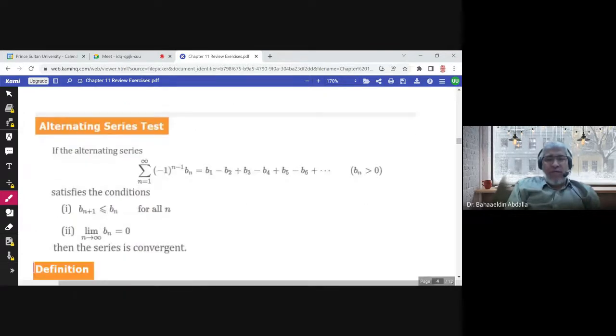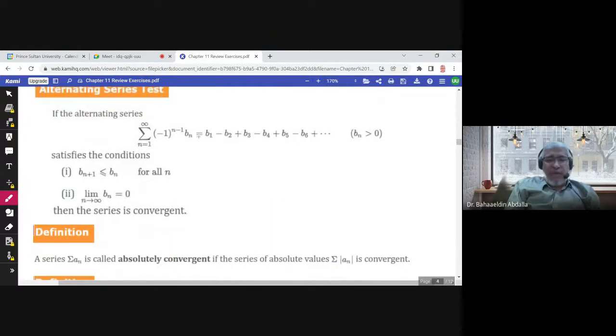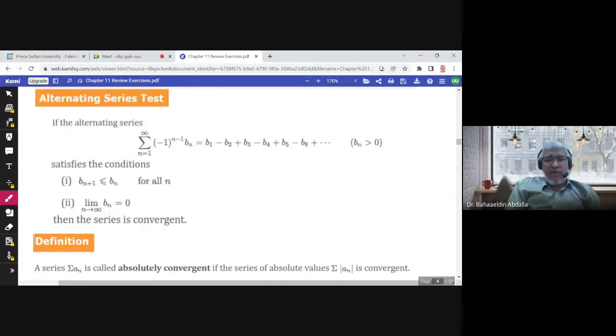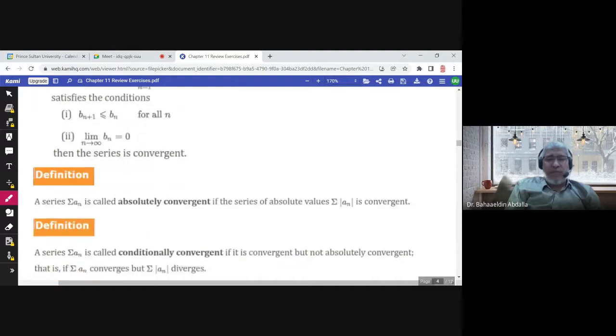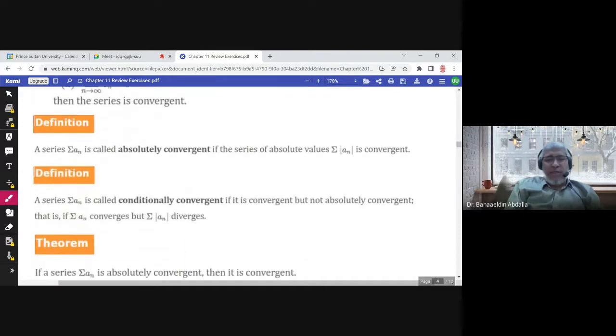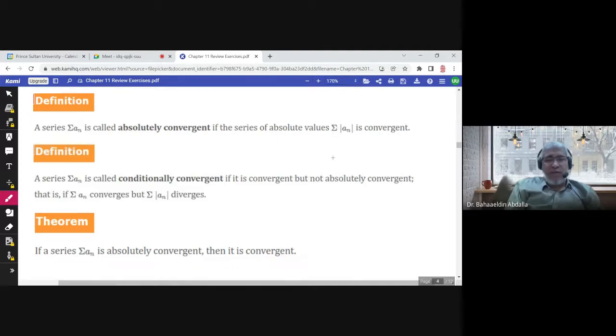The alternating series test: if bn is decreasing and decreasing to 0, then the alternating series is convergent. And a series is absolutely convergent if the summation of the absolute value of an is convergent.